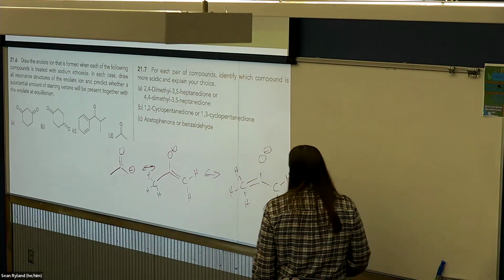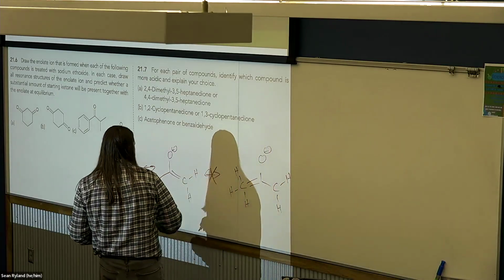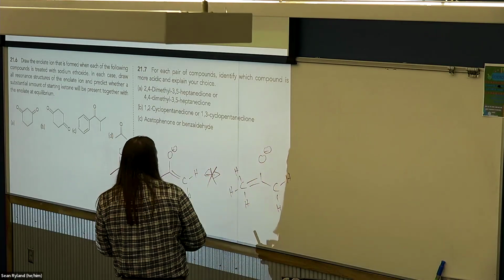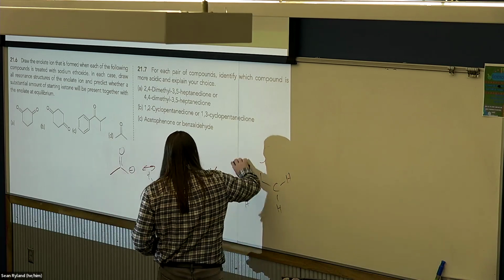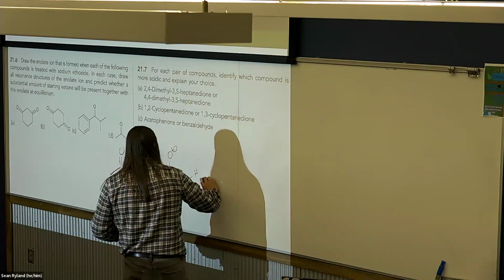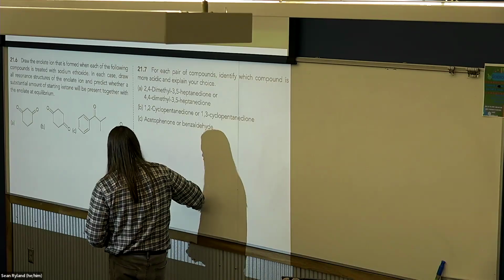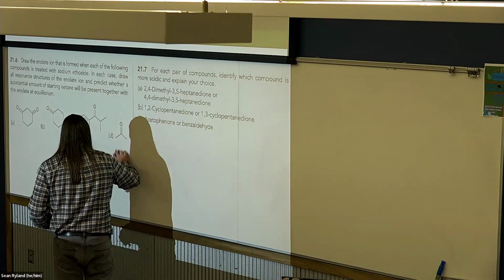And you get both of this. And so we would have both for these ones because there's not a whole bunch of resonance structures stabilized in the enolate. So we just get, we'll have the enolate plus.